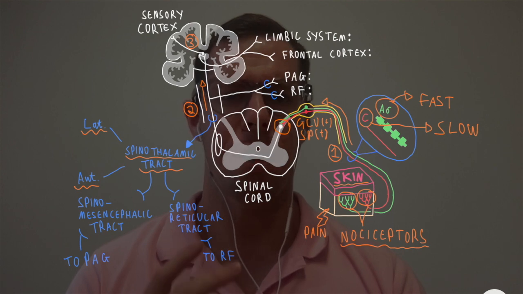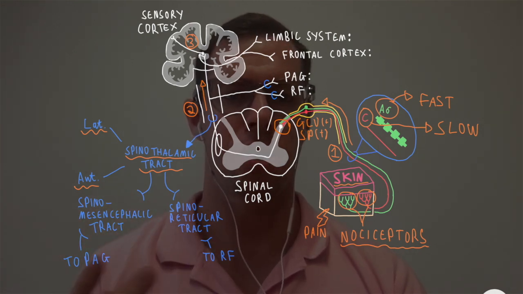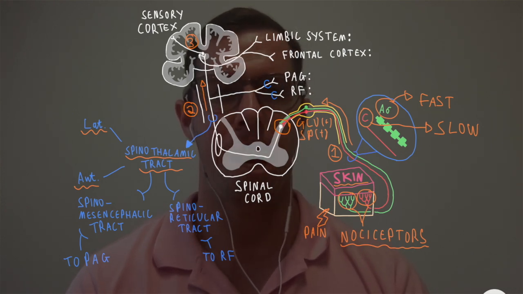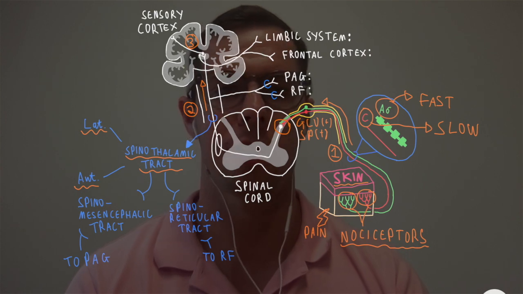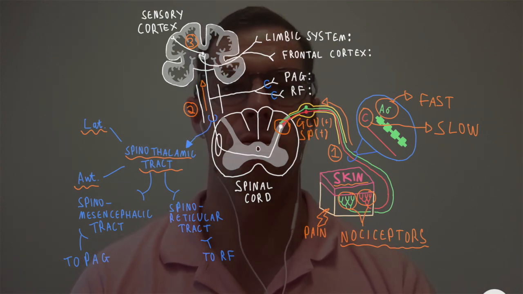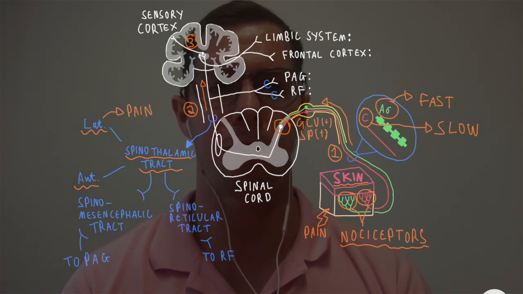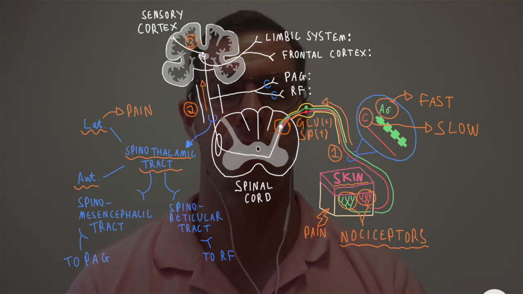Now, if we were to get specific, crude touch and pressure is relayed via the anterior tract and pain and temperature is relayed via the lateral tract. So, for pain to be relayed to supraspinal structures, we would mainly require the lateral spinothalamic tract.